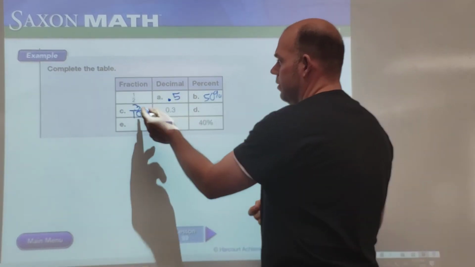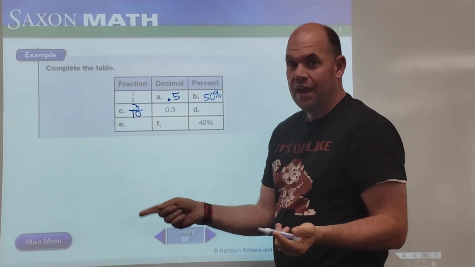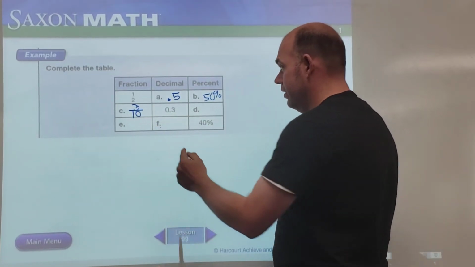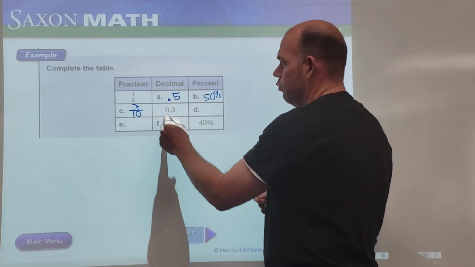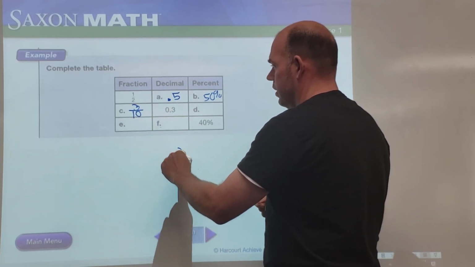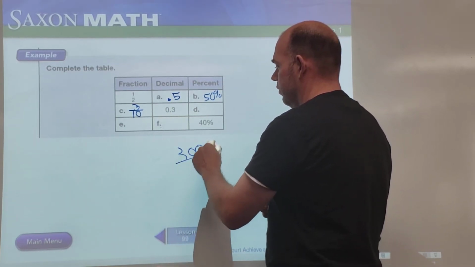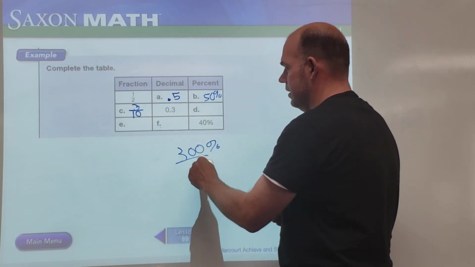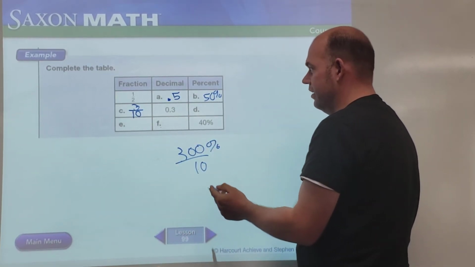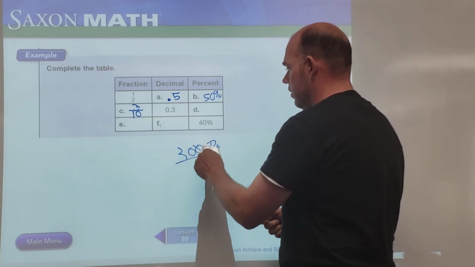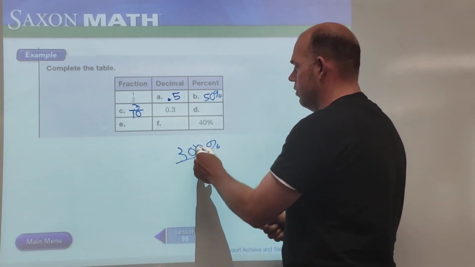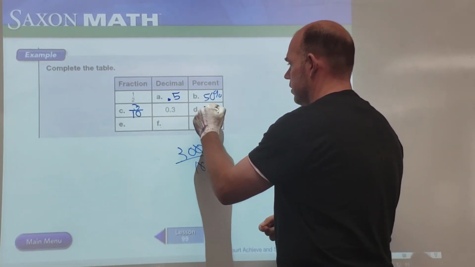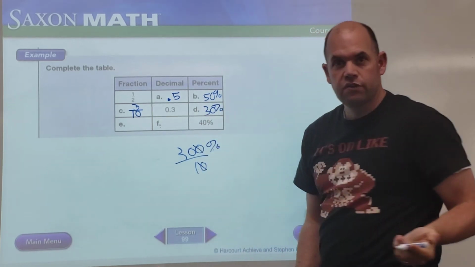Now we can do the same thing. 3/10 times 100% would give us 3 times 100, which is 300%, divided by 10. Then we just cancel out our extra zeros and we get 30%. So that one's not too tricky.